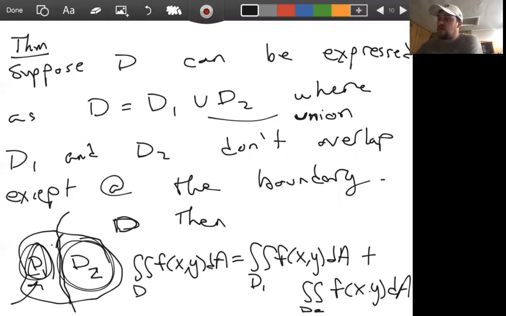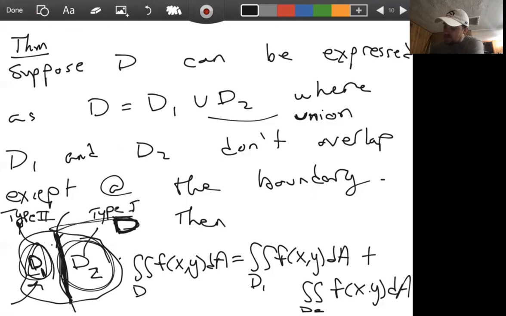And so this theorem is helpful when your region is complicated and you may need to kind of partition your region and then handle it in pieces, where it's easier to handle this part of the region as type 1 or type 2, and then it's easier to handle this one as type 1 or type 2. So maybe this one's easier to handle as type 2, and maybe this one's easier to handle as type 1 or something.